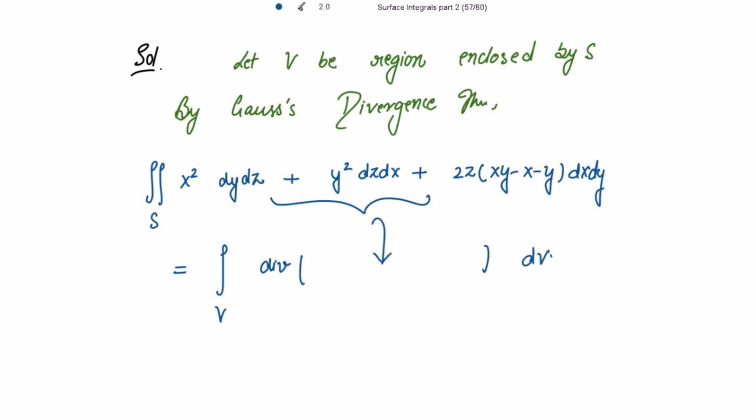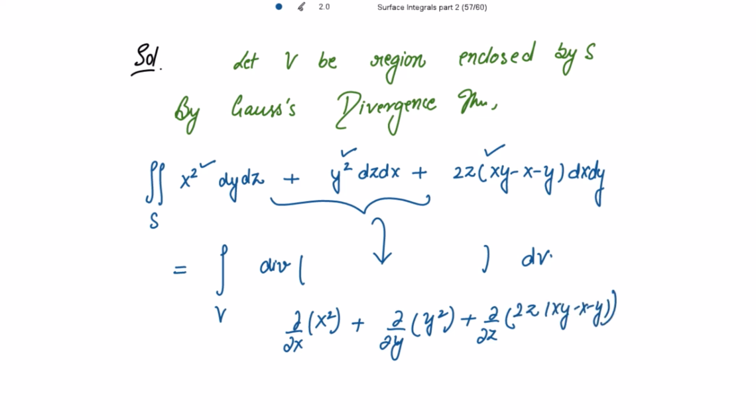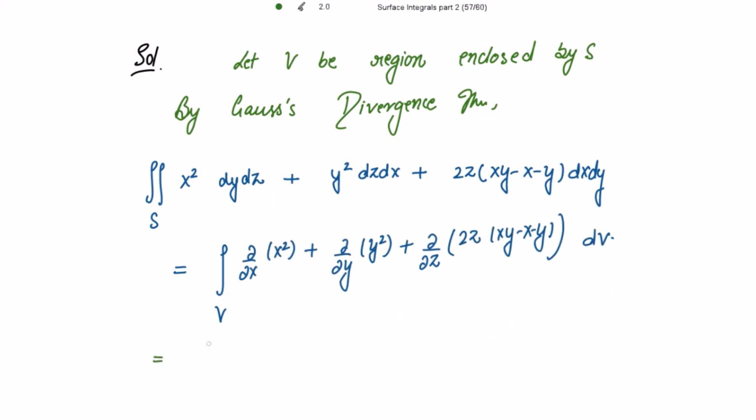dV. For the divergence we write the partial derivative of the first component with respect to x plus the partial derivative of the second component with respect to y plus the partial derivative of the third component with respect to z. So this is equal to the volume integral, which is a triple integral.